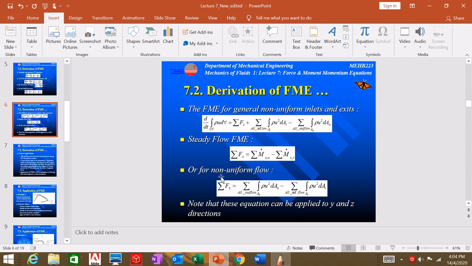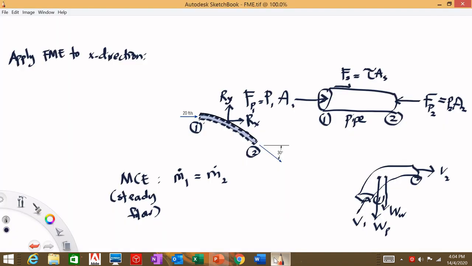If it's non-uniform, then you have to use this. So the summation of Fx equals the summation of m dot rate of momentum in the x direction, outlet minus inlet. So you write the equation first.